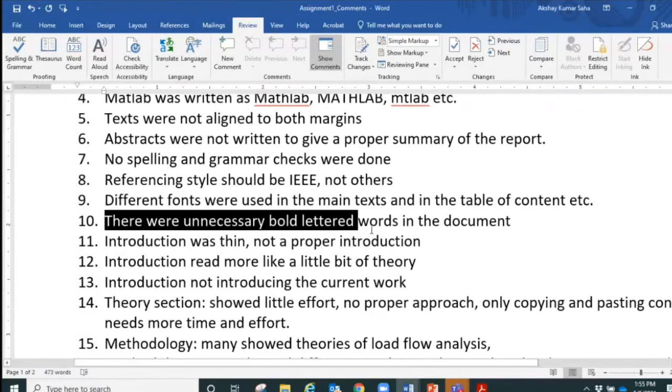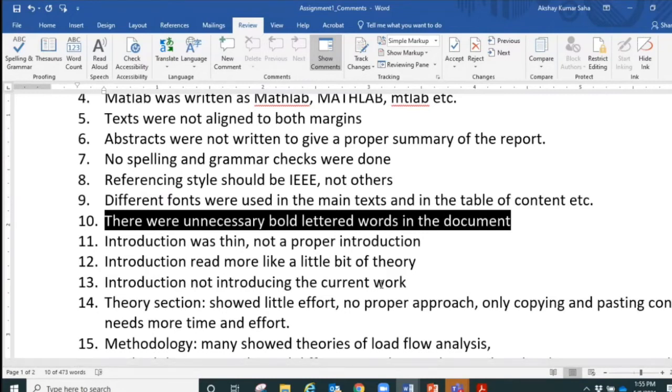And then many cases were found where words were in bold. We don't need to bold them unnecessarily. We bold them when it is required, meaning the section headings and subsection headings, not everywhere. Even inside the tables, I found that headers were bold.